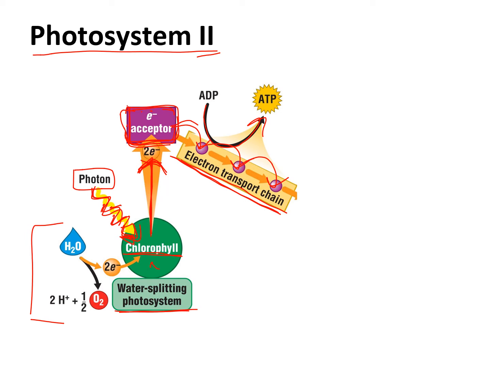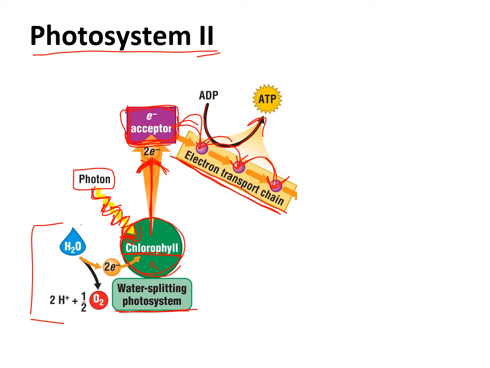Once it's gone from the electron acceptor, it's going to be transferred down a chain of proteins called the electron transport chain. Now, because these chlorophylls in the photosystem are losing electrons, they need to have those electrons replaced.